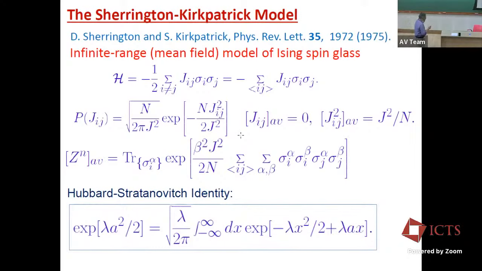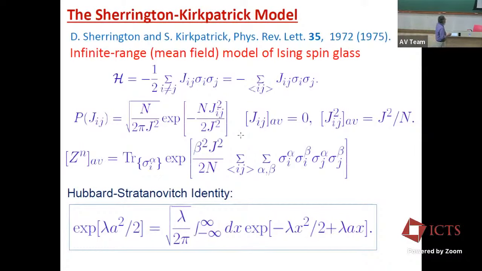Basically, it's an infinite range model, and every spin sigma i interacts with every other spin sigma j. Coupling constants are independent random variables, for which at this point we are taking a simple distribution. We are taking the average value to be equal to 0, so there is no possibility of ferromagnetic or anti-ferromagnetic ordering.